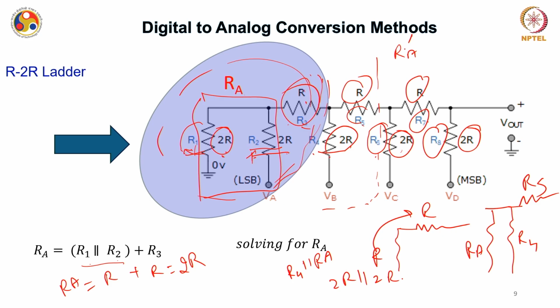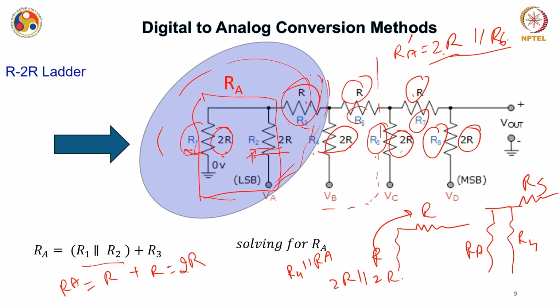RA bar is again 2R, and if I want to calculate the equivalent resistance, that 2R will be in parallel with R6. If you calculate this, 2R is in parallel with 2R, which the equivalent will be R, and that R is again in series with this R.